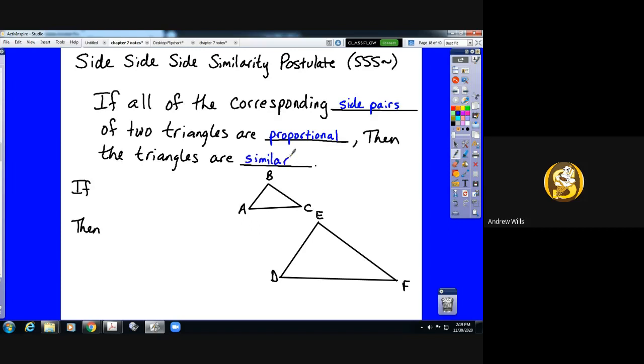In other words, if AB is to DE as BC is to EF as AC is to DF, if all three of those fractions are equal, that is enough for us to state that triangle ABC must be similar to triangle DEF. So if we can write out the entire proportion and check that it's true, that is enough for us to declare the triangles are similar.